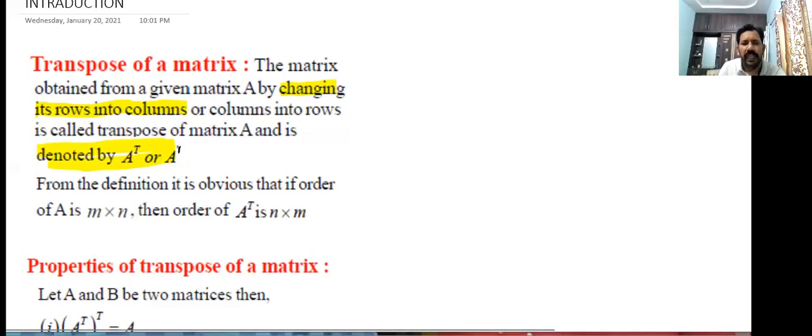For example, take one example. This is matrix A, a 3 by 3 matrix I am taking, or you can take a 2 by 3 also: 1, 2, 3, 4, 5, minus 1. This is matrix A. Now, how to write A transpose?